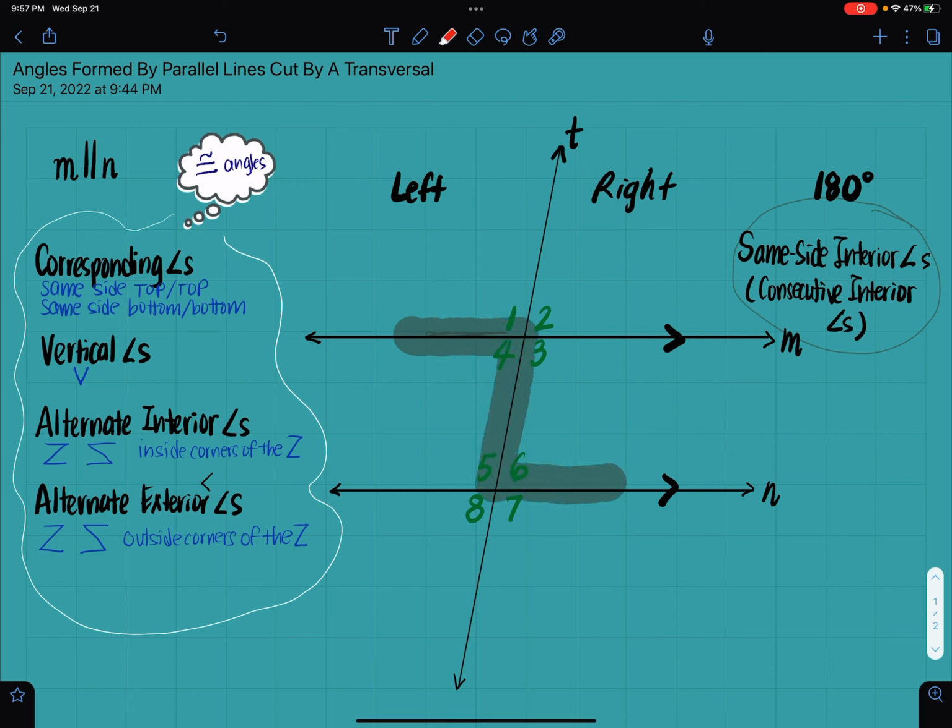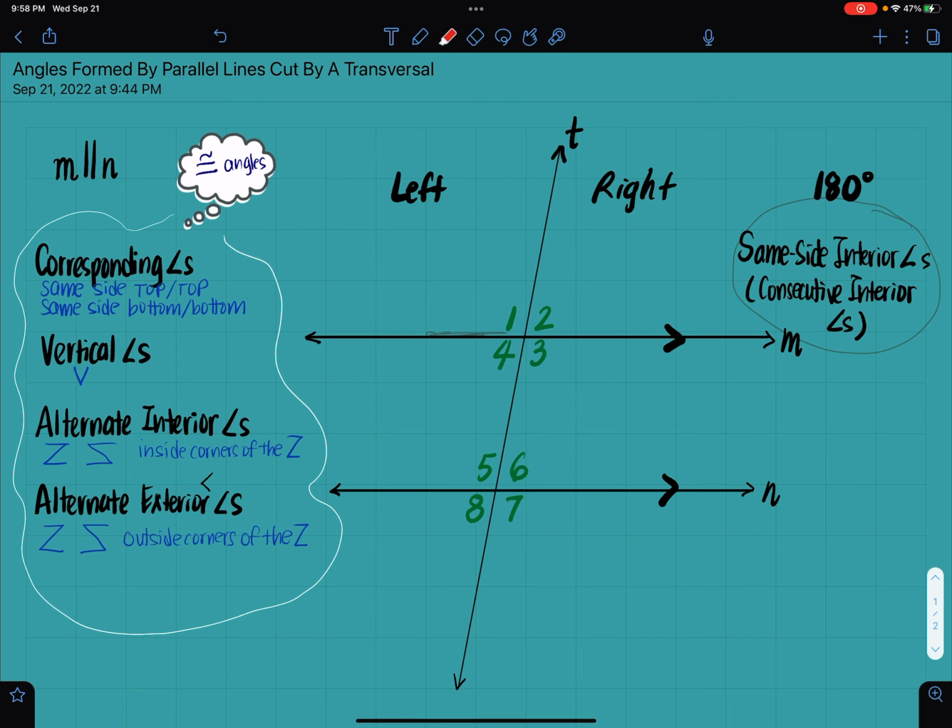So this is the Z I'm referring to. And so if you look over here, what are the two angles that are inside the corner of the Z? This is angle 4 and this is angle 6. So angle 4 and angle 6 are congruent because it's inside corner of the Z, alternate interior angles.